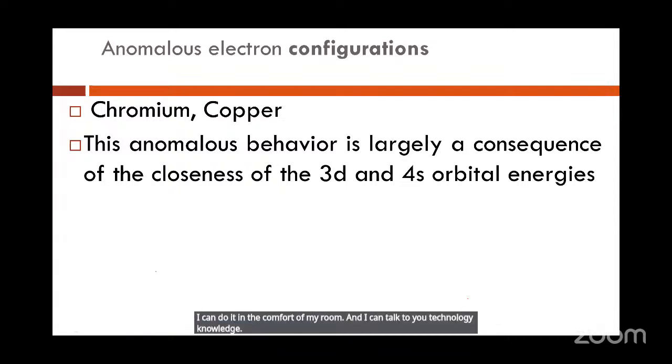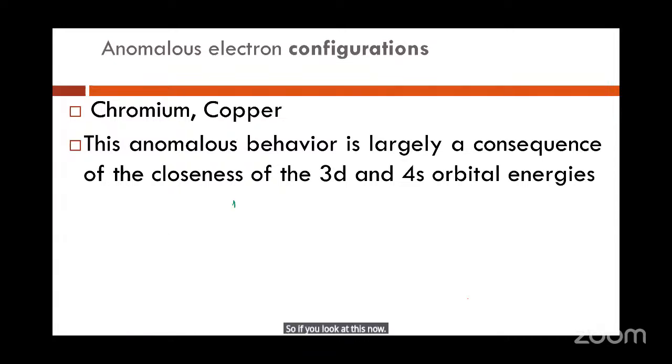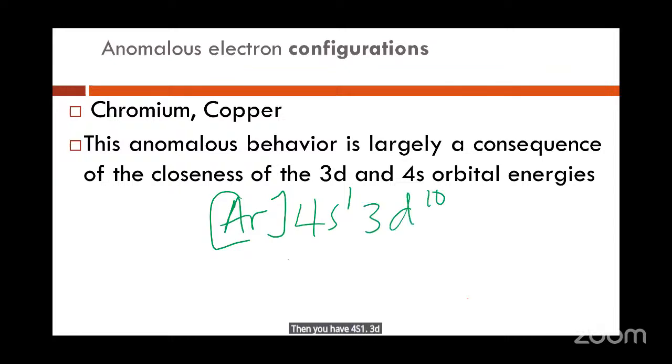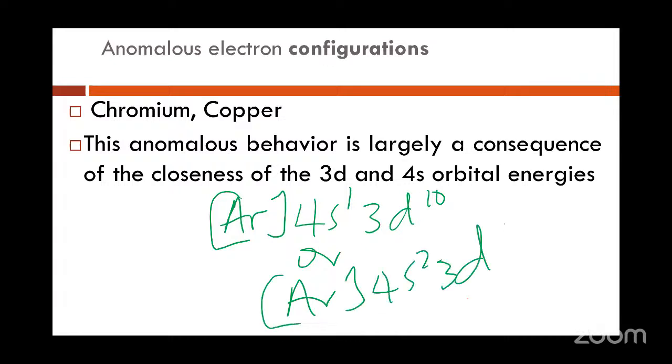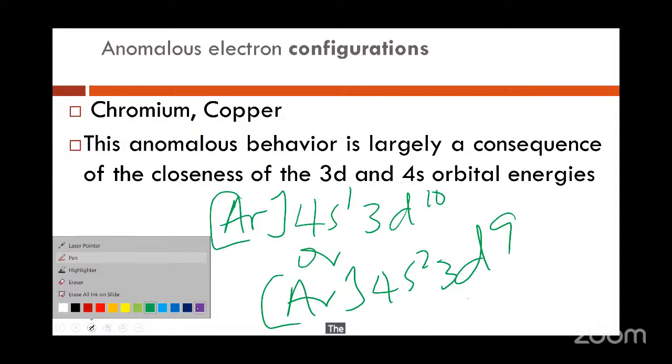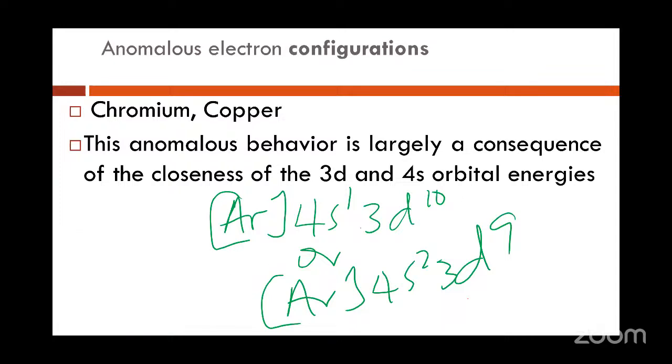So if you look at this now, [Ar] is going to be argon. Then you have 4s1, 3d10, or argon 4s2, 3d9. A is correct.